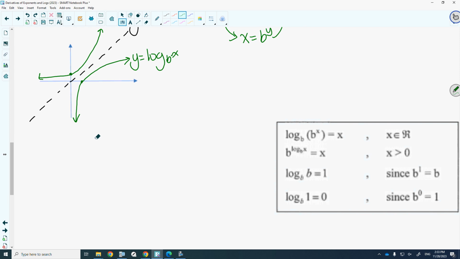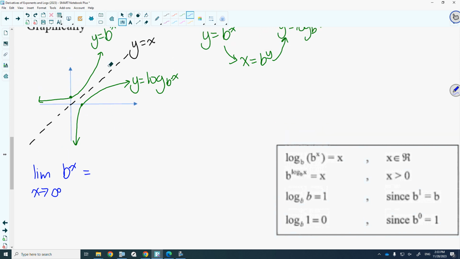What we did in lesson 1 is we took the limits of exponential graphs. So I said to you in lesson 1, what is the limit as x approaches infinity of b to the x? So Alex, for my exponential function, as I approach infinity, what is my limit approaching?